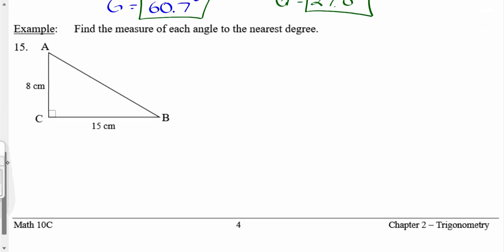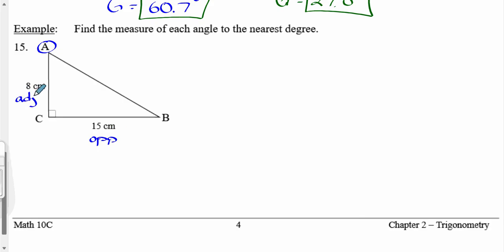We want to find the measure of each angle to the nearest degree. So we could pick angle A or angle B as our reference angle. It doesn't matter for this question. So anybody have a favorite? Okay, let's go with A. Relative to angle A, here's my opposite side.